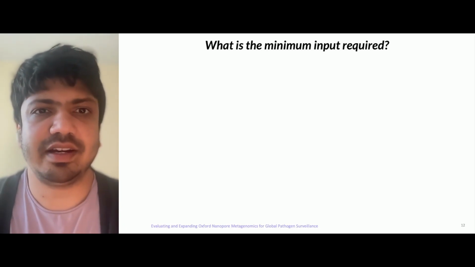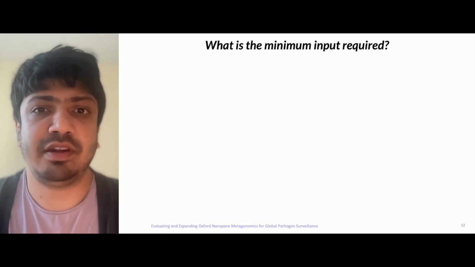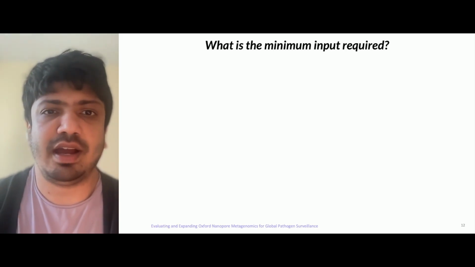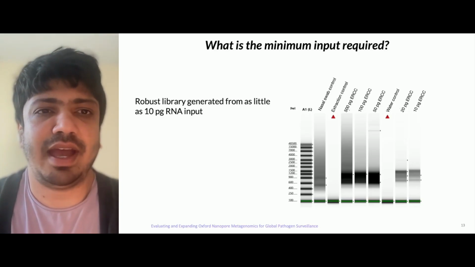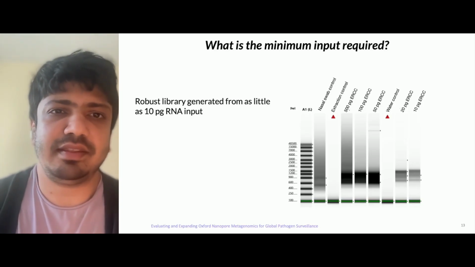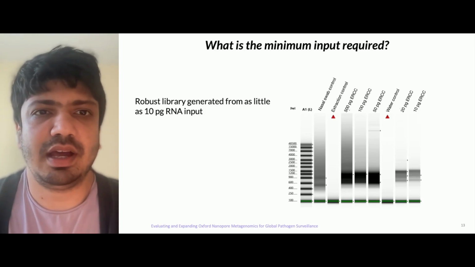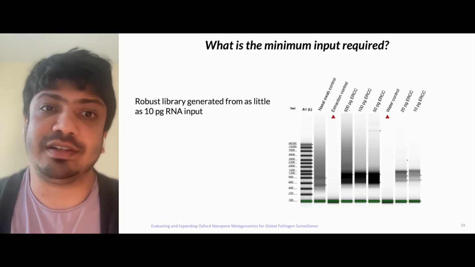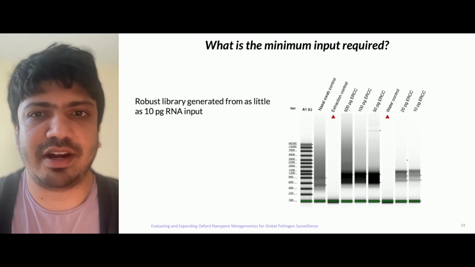To answer this question, we used some synthetic standards. They're called ERCC standards, and they come in a range of different abundances, and also are RNA transcripts of varying size. Using varying amounts of this spike-in as input, we observed that we were able to generate what looked like good libraries from as little as 10 picograms of RNA.